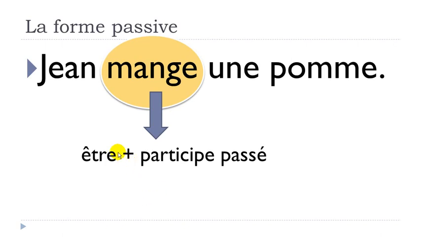You will have to use être, so you will have to conjugate être, plus le participe passé of your verb. In that case it's quite easy because manger belongs to the first group of verbs, so regular verbs, and the participe passé form will be mangé like that with the accent on the top of the e. Okay, so let's have a look how it will go.